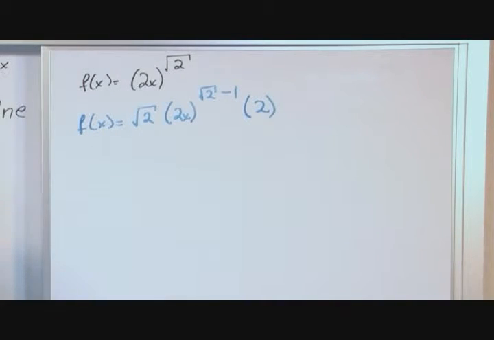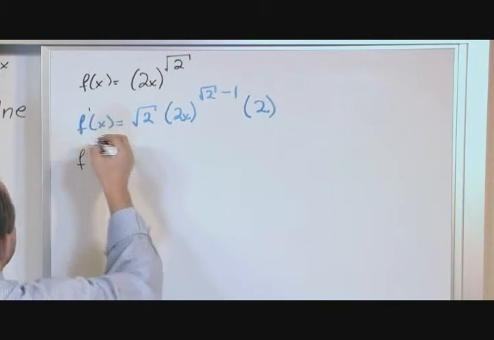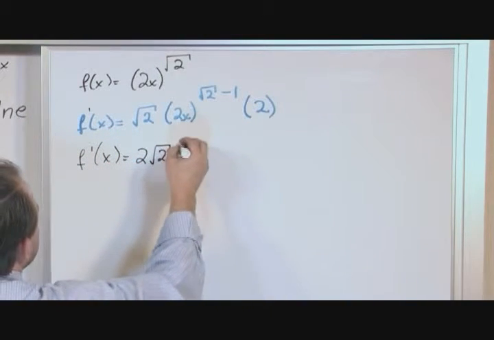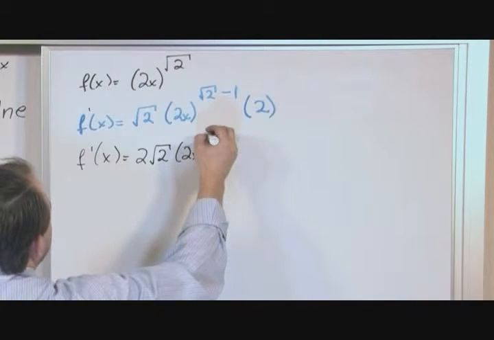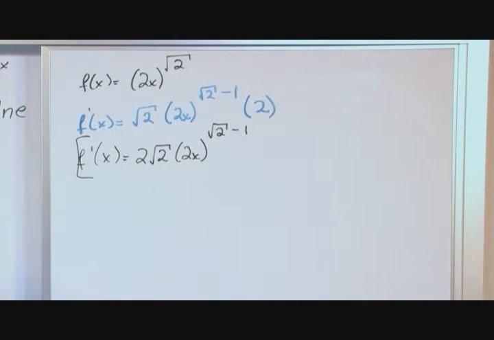So the answer to this problem, f prime of x is 2 times the square root of 2 times 2x to the power of square root of 2 minus 1. And I just threw this in here to keep you on your toes to make sure that you're not trying to apply some silly things. So you only really need to worry about the stuff in this section over here when you have a number raised to a power of x.